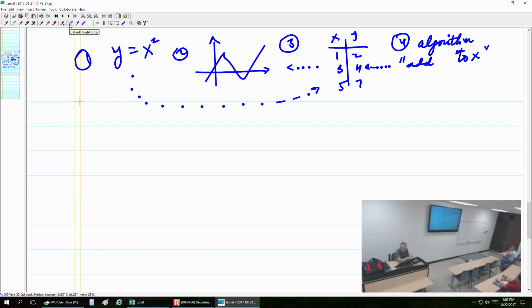Okay, so as you can see, that's okay. Well, maybe it's okay. So add 2 to x, and the values would be 3, 5, and 7. So you can have a table from the formula.